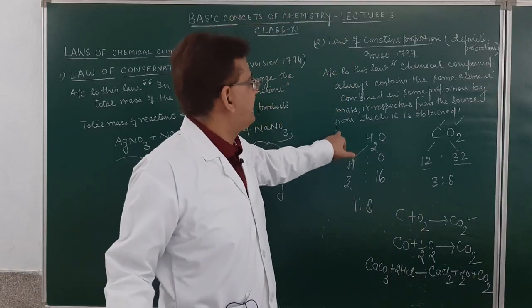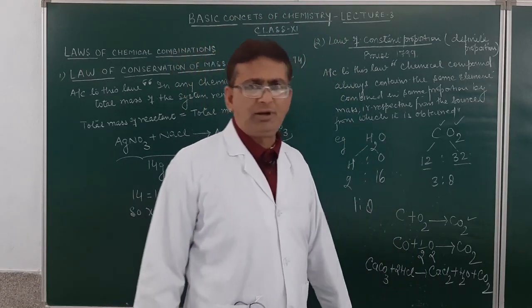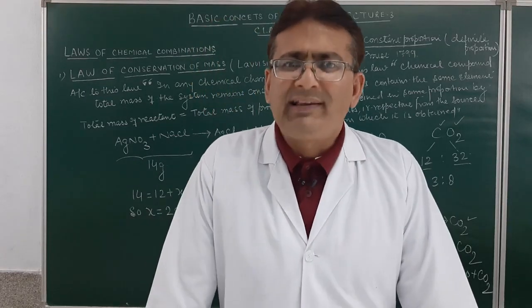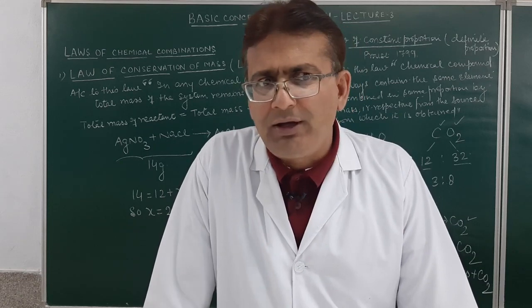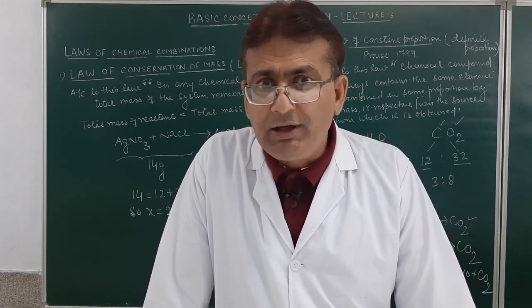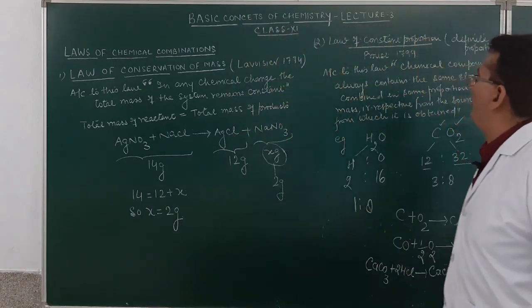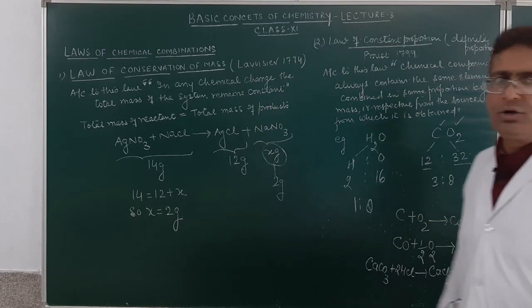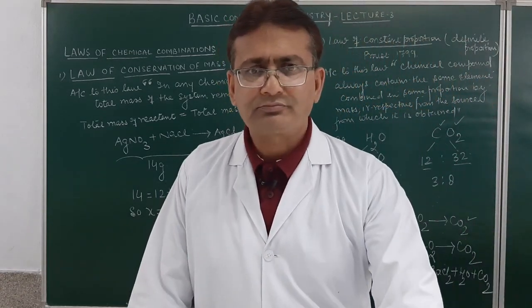What does the law say? A compound may be obtained from any source, but it will contain the same elements in the same proportion by mass. So I hope, students, you have been understanding what I want to teach you. Is it clear? So the two laws we have done are the law of conservation of mass and the law of constant proportion. Is it clear to you?